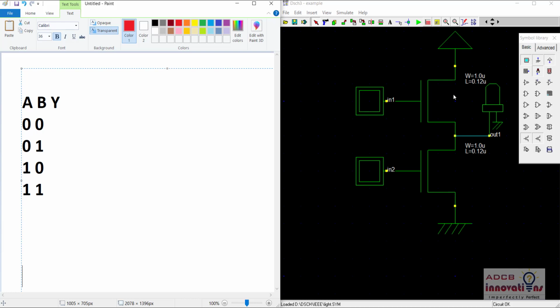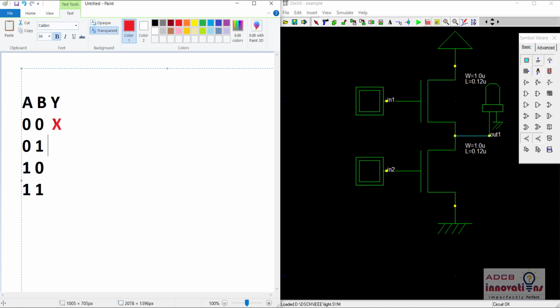When both NMOSs are open circuited, there is no logic 1 and there is no ground, nothing is passing. There is no VDD or ground being connected, so this will just be open circuited and we will get an undeterministic output.